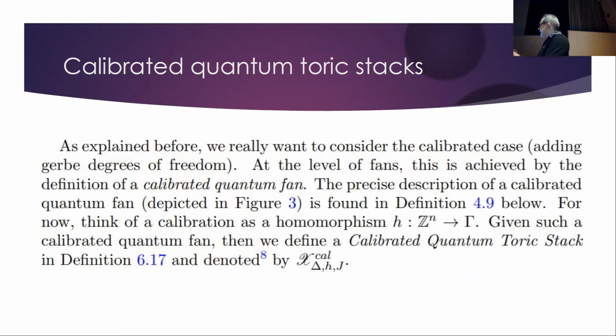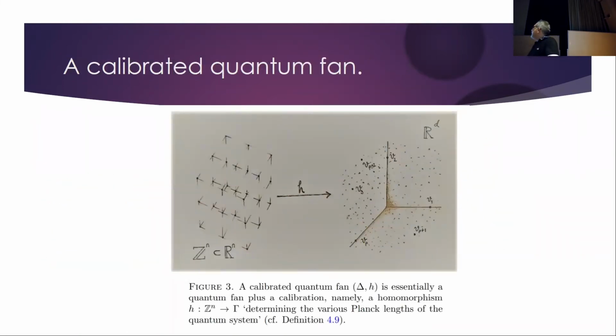Because we want to add these extra degrees of freedom so that everything works fine, so that there is no problem, then I really am going to work with calibrated quantum toric stacks. And a calibration looks like this. A calibration is actually H bar, our deformation parameter.